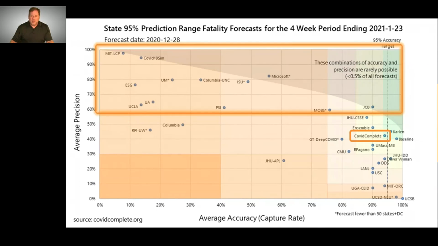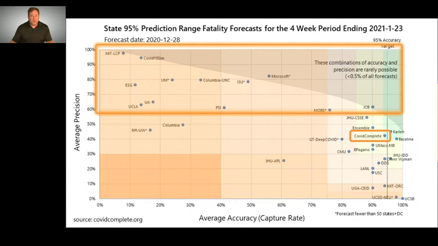The other thing that's a little bit interesting, one of the really interesting takeaways from this massive data set of forecasts versus actuals, is I've been able to look at how much accuracy can you get. In other words, what kind of capture rate can you get for a given level of precision? And if you look at that shaded area, the curve across the top right of the graph, that represents an area in which a very, very small number of forecasts have ever fallen, because it essentially represents an impossible combination of precision and accuracy.